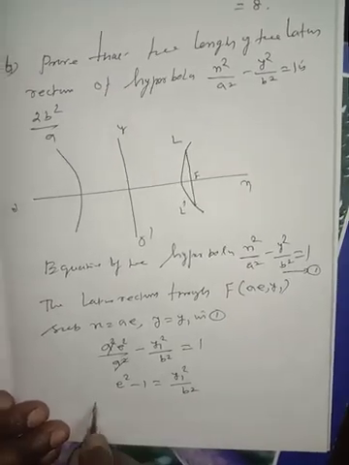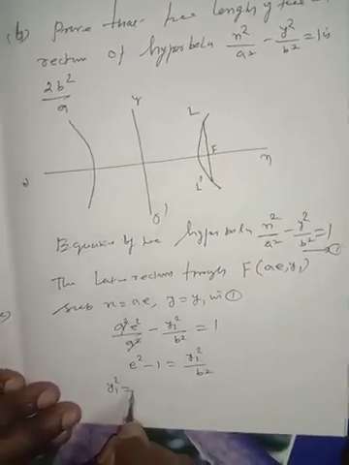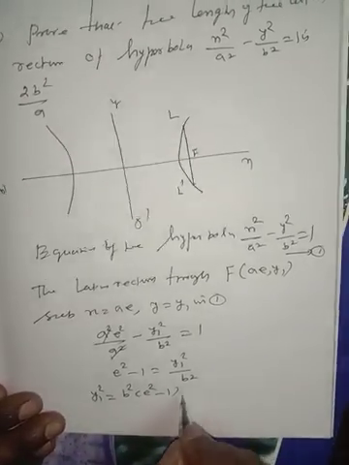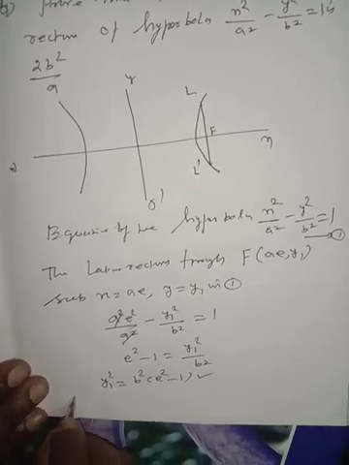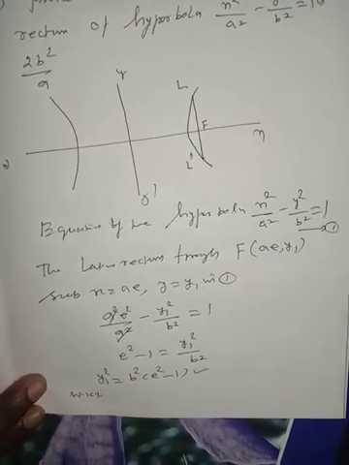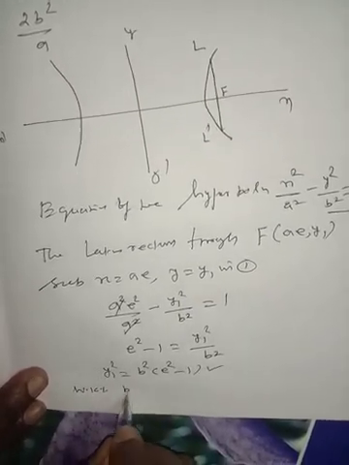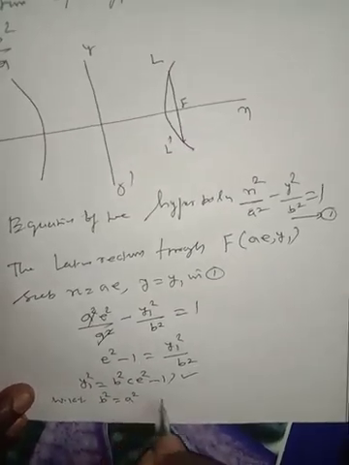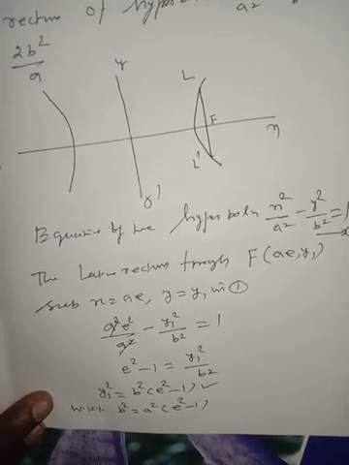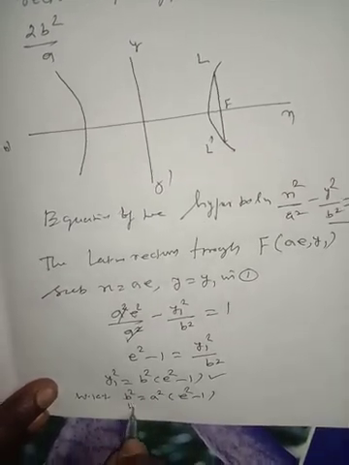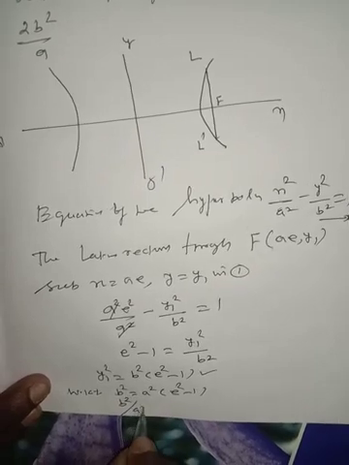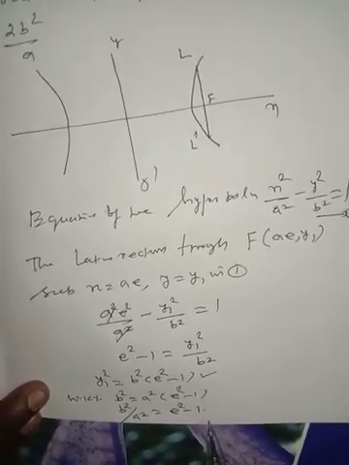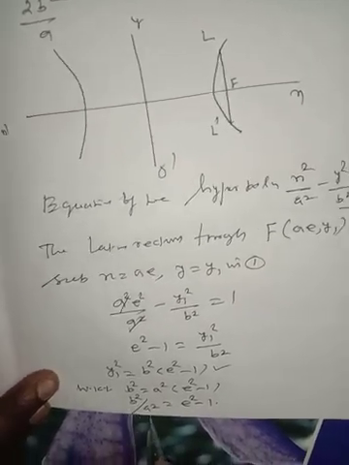Now y1 square is equal to b square into e square minus 1. We know that in a hyperbola b square is equal to a square into e square minus 1, so b square by a square is e square minus 1.